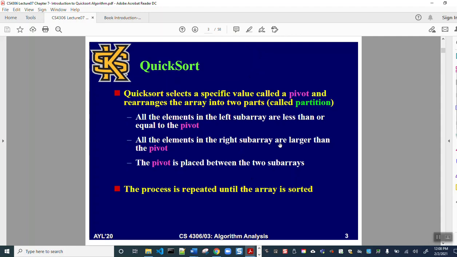All the values in the left subarray will be less than or equal to the pivot element, and all the elements in the right subarray will be greater than the pivot element.